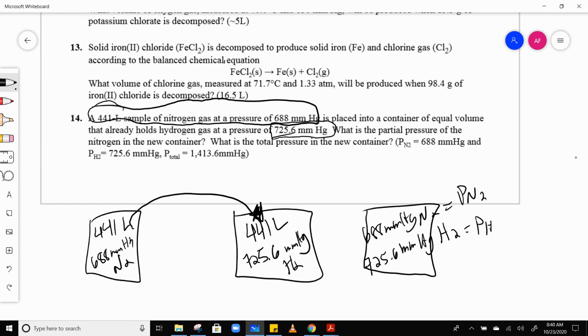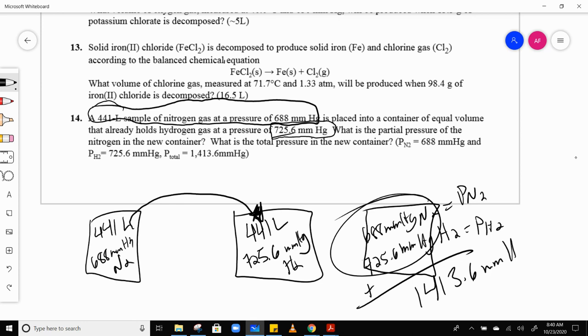This is the pressure of H2. However, the total pressure in the container is going to change because now you add those two together. So you just add those two numbers together, and you get 1413.6 millimeters of mercury. I know, it seemed like a lot harder, right? Super easy though.